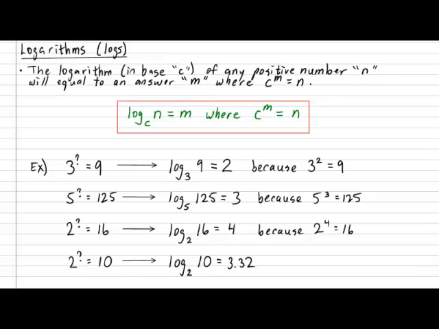Why? Because 2 exponent the 3.32 will give back around 10. And this is why logarithms are so powerful. They can help you determine any missing exponent for any combination of base and power. And this, ladies and gentlemen, is what is meant by a logarithm.